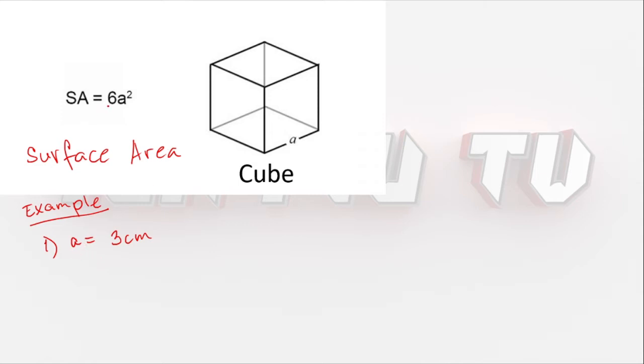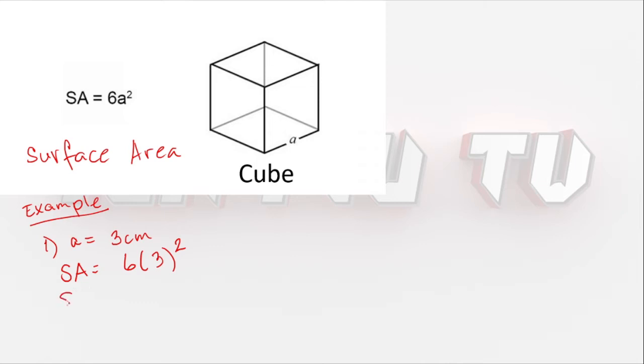Okay, meron tayong 6 kasi ang cube meron 6 faces. Okay? So, SA equals 6 times 3 power of 2. Okay, pag ganyan, parentheses, open parentheses, close parentheses, ibig sabihin yan, multiplication.